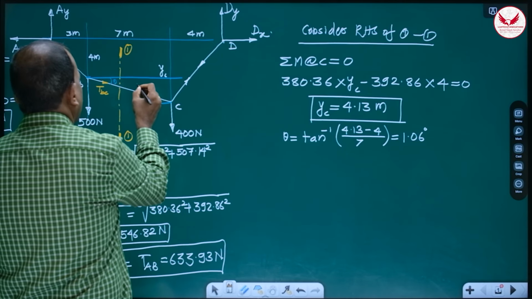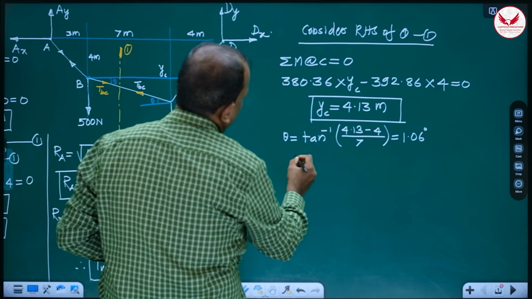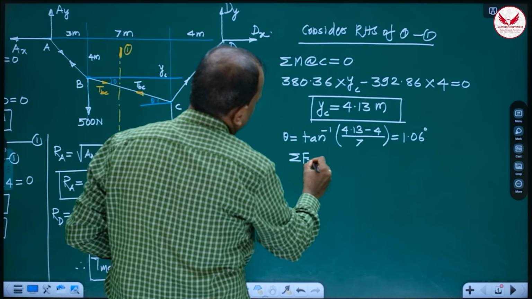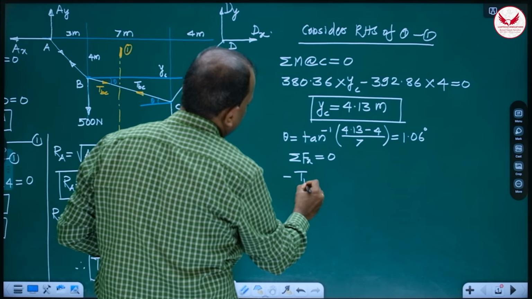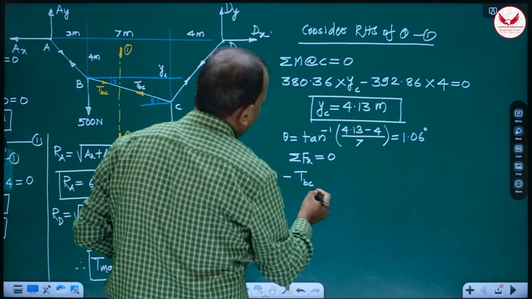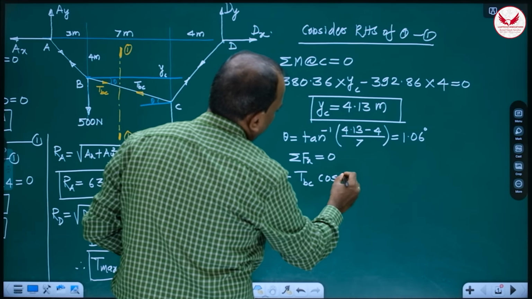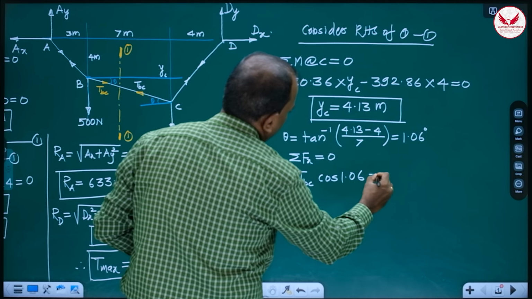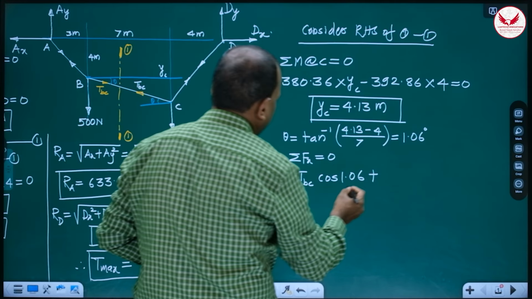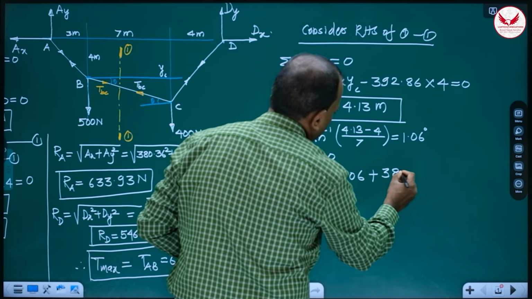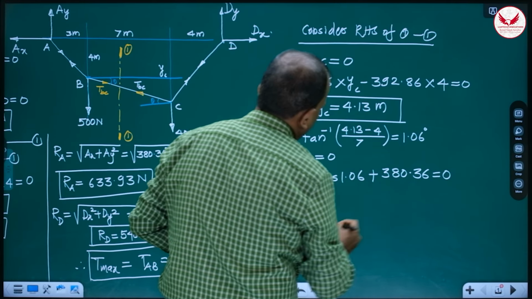Once we know this angle, and since we have considered the RHS, this is TBC. If we use summation Fx equal to 0, minus TBC cos 1.06 plus Dx, where Dx is 380.36, is equal to 0.